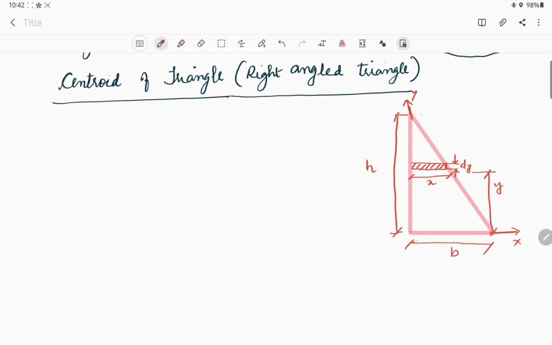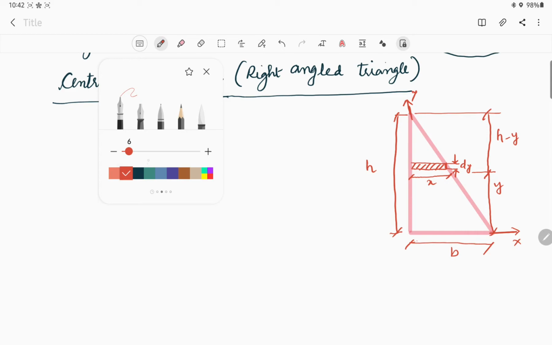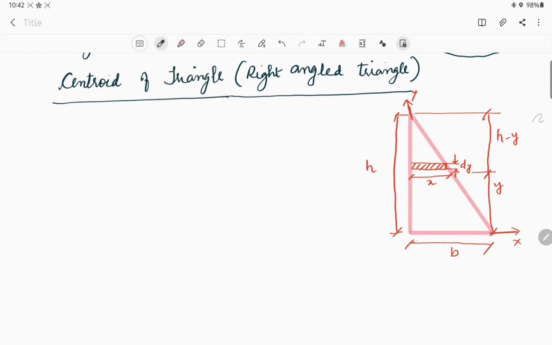What will be this distance? The total height is h, so this will be h minus y, isn't it? So we have assumed all the distances.